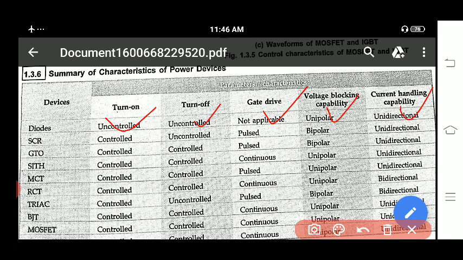Next, if you consider SCR, turn on can be controlled here, but for turn off the gate doesn't have any control over the SCR, so it is uncontrolled. For gate drive, you have to apply a pulse. Voltage blocking capacity is bipolar. Next, current handling capacity is unidirectional. Like this, for all these power devices, they have listed these operations.